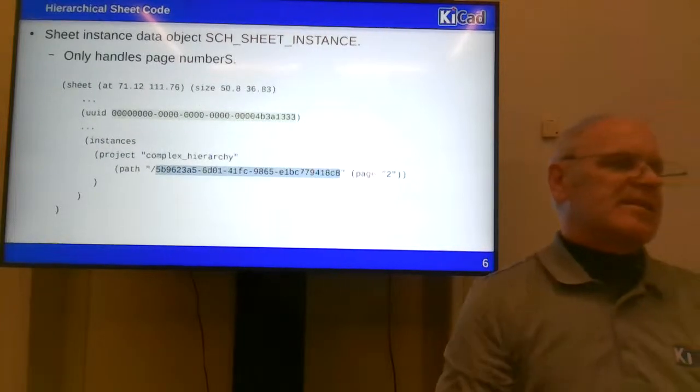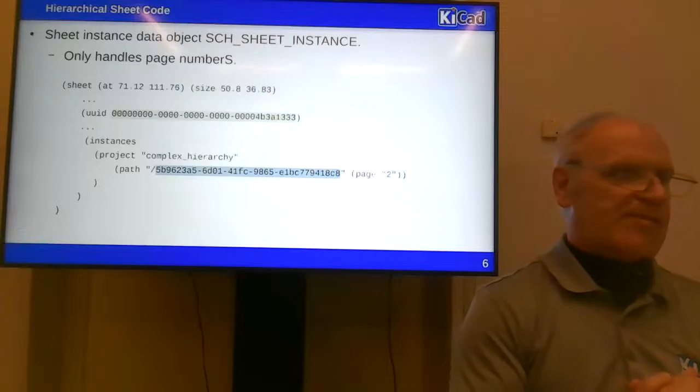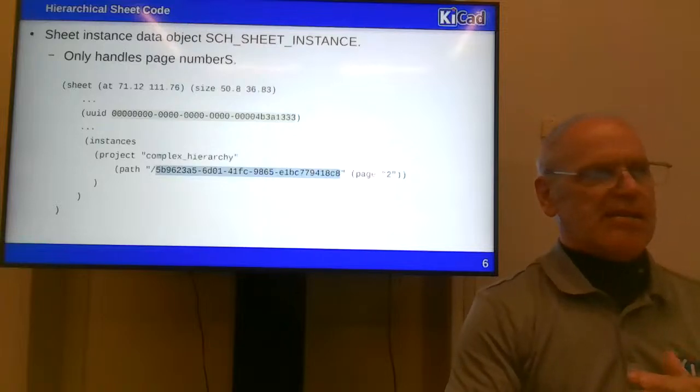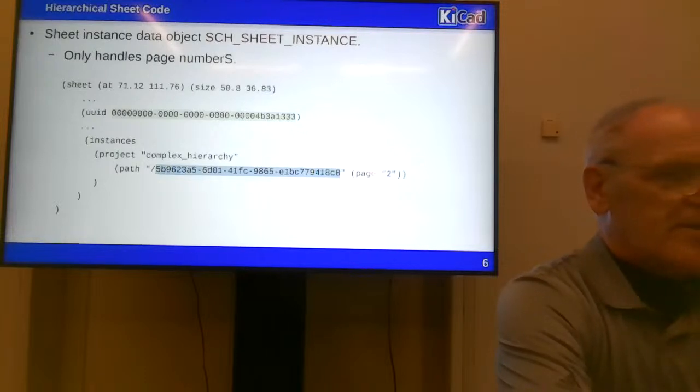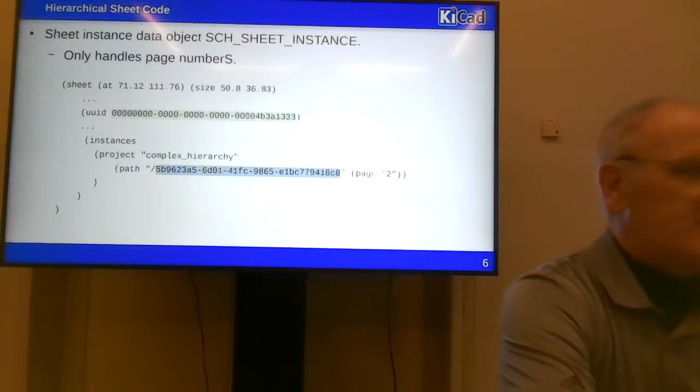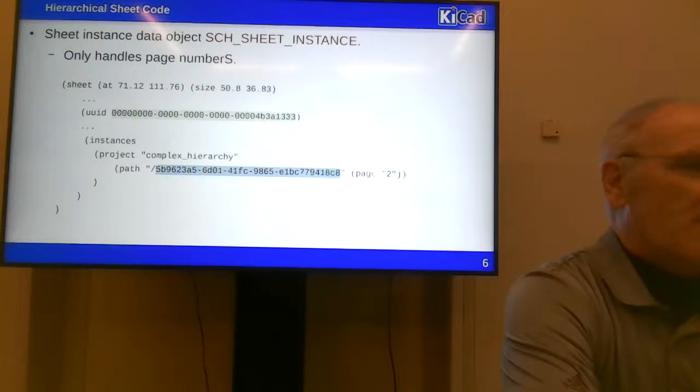So here's what instance data looks like. Here's a sheet, and I've chopped out all the boilerplate stuff, but inside the complex hierarchy, there's a sheet. There's actually two sheets that are shared. And the one sheet has its own internal UUID, which, you can tell this one's been converted from an old copy of KiCad because it has all zeros in the beginning of the UUID.